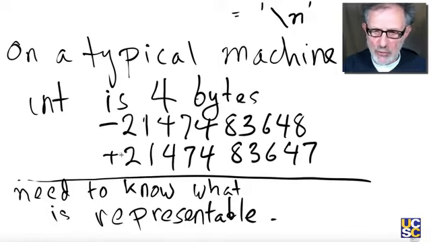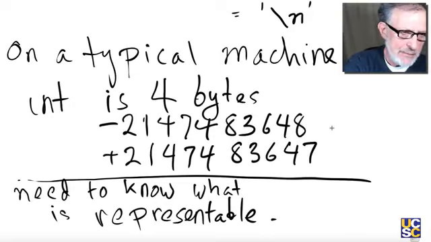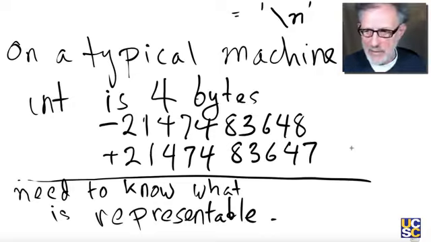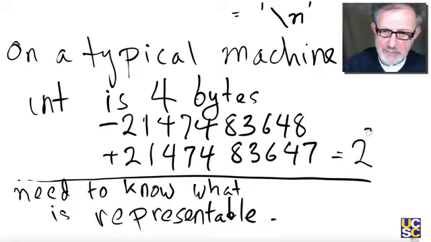Actually, this is equal to 2 to the 32nd minus 1.